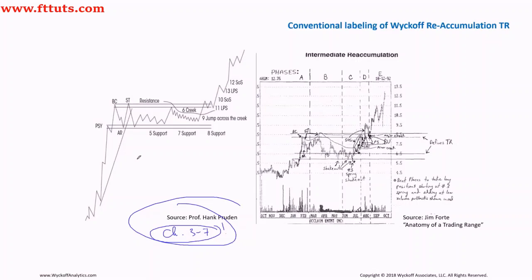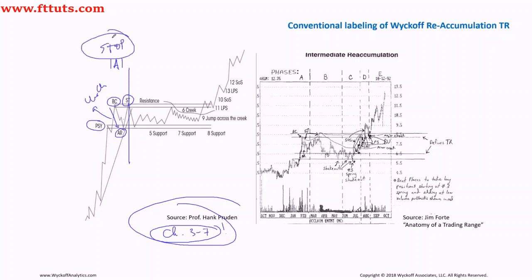And here we're seeing what I call a conventional way of labeling a reaccumulation. We start with the preliminary supply, then buying climax as a stopping action, biggest reaction to the downside as a change of character, which is also labeled as automatic reaction, and then a secondary test rally would conclude phase A. Phase A, remember, the intention is all about stopping.